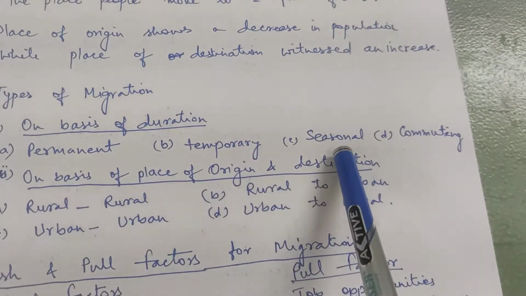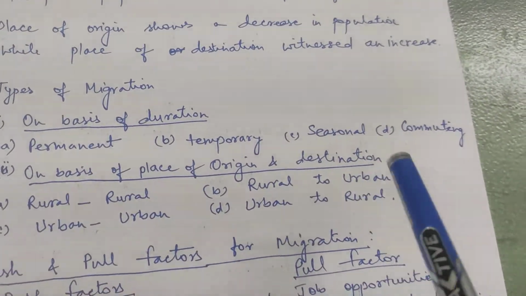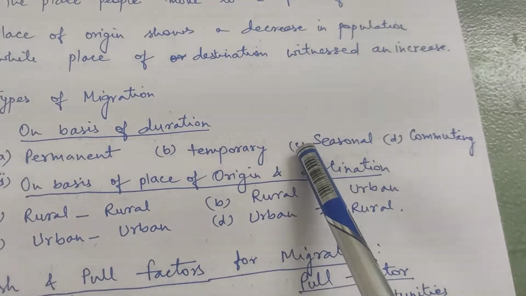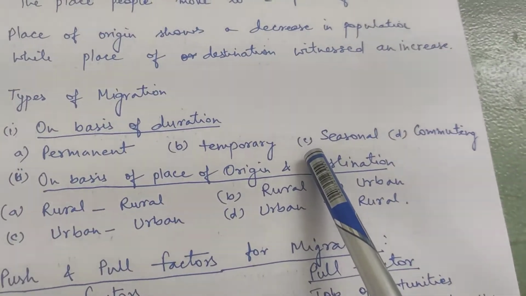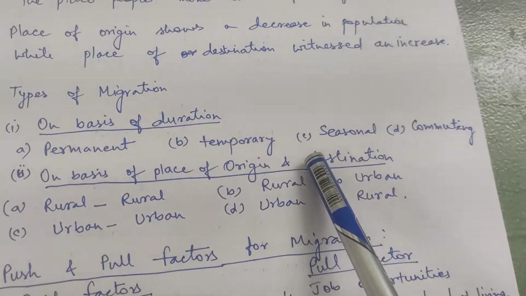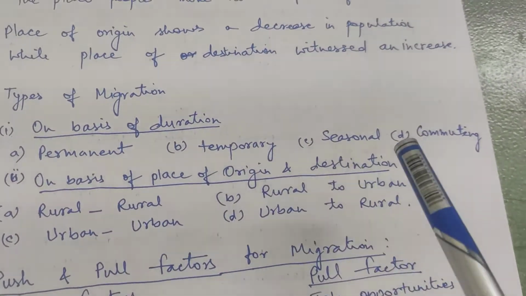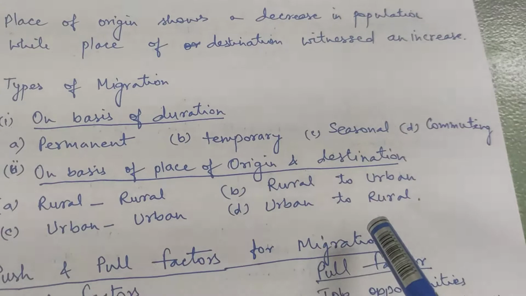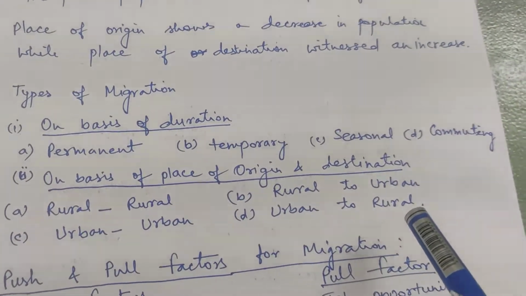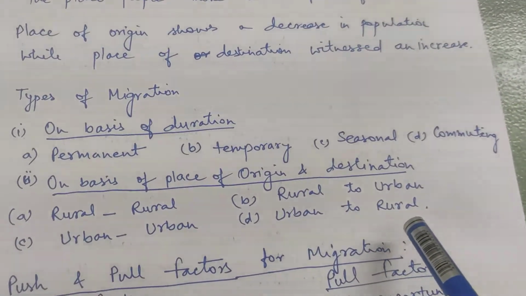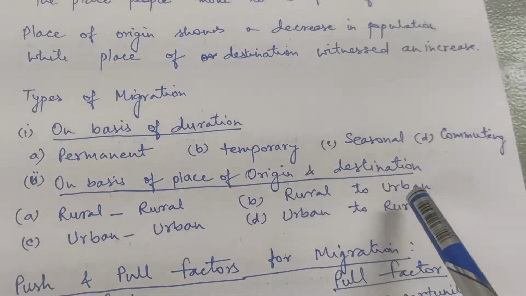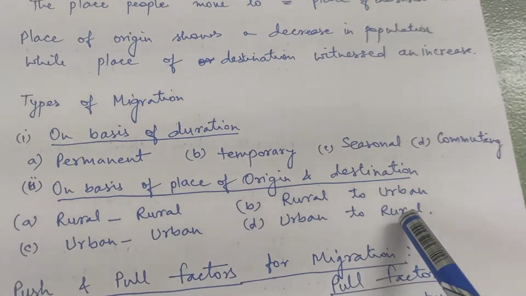Third one is seasonal. This generally happens in employment. People move from season to season, just like in villages. In certain seasons the crops are being harvested, so generally people don't move to other places in this season. People move to other places when they have no work in the village.